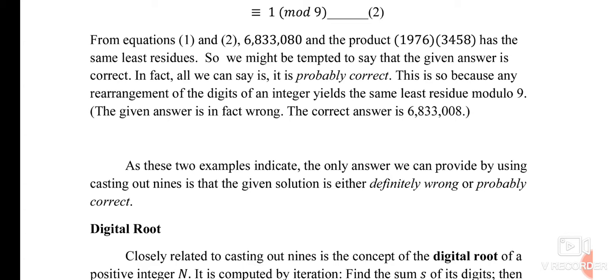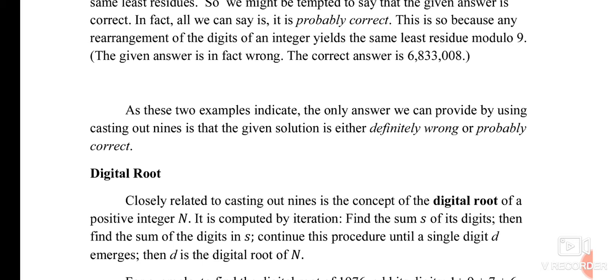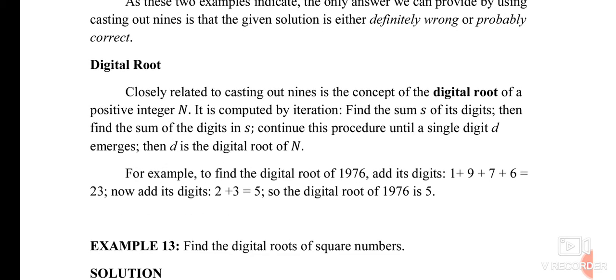The correct answer is 68,33,008. So, as these two examples indicate, the only answer we can provide by using casting out nines is that the given solution is either definitely wrong or probably correct.